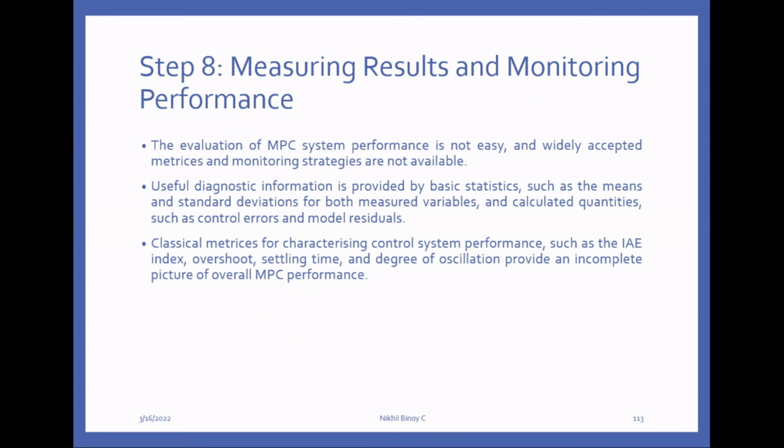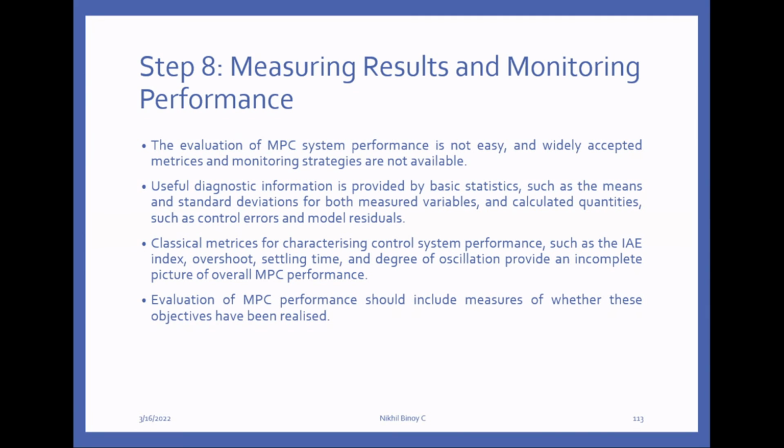But the problem is there are no widely accepted metrics, but still we can use classical metrics such as integrated absolute error index, overshoot, settling time, and degree of oscillation, which provide an incomplete picture of MPC performance. Evaluation of MPC performance should include measures of whether the objectives have been realized.